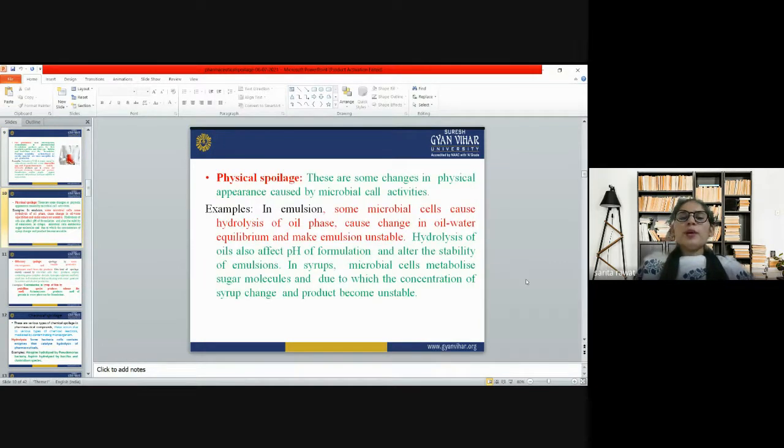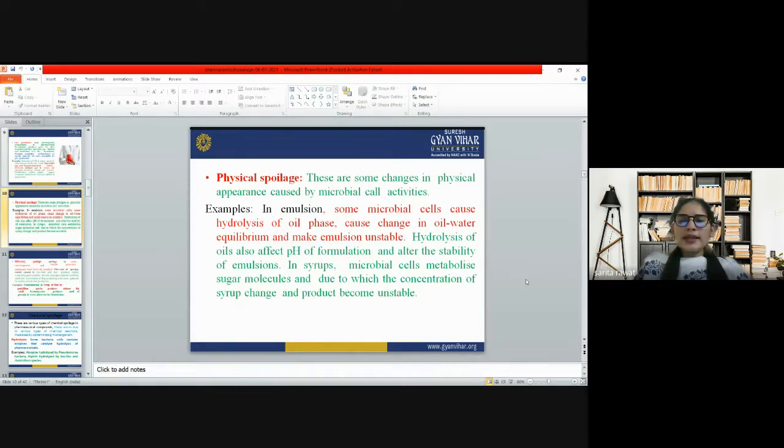Now, when we talk about physical spoilage, there are some changes in physical appearance caused by microbial cell activities. For example, in an emulsion, some microbial cells cause hydrolysis of the oil phase, changing the oil-water equilibrium and making the emulsion unstable.